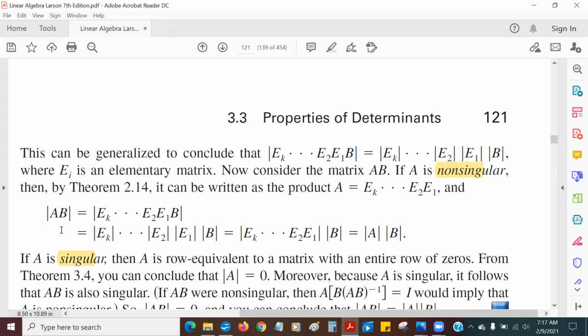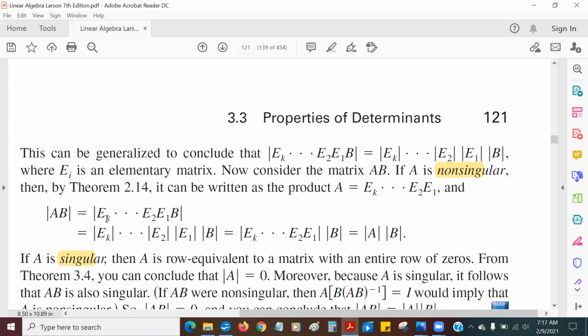And the determinant of AB is going to be the determinant of these elementary matrices times B, because A really consists of all these E's.